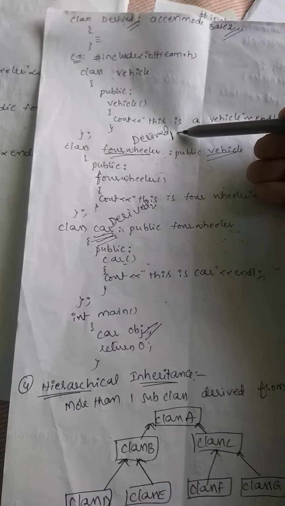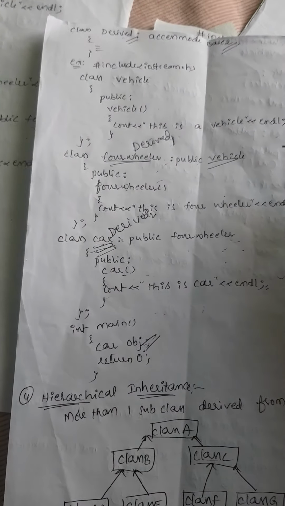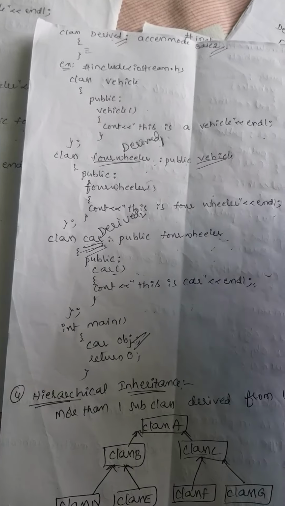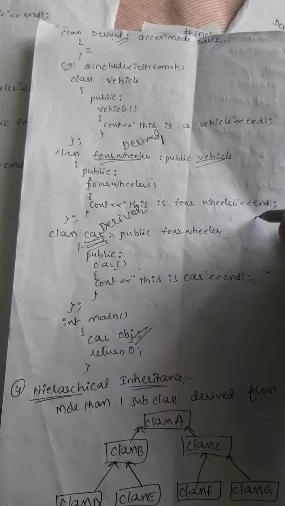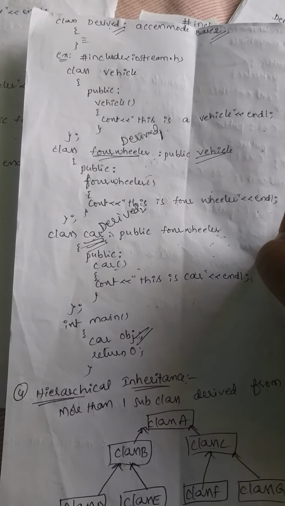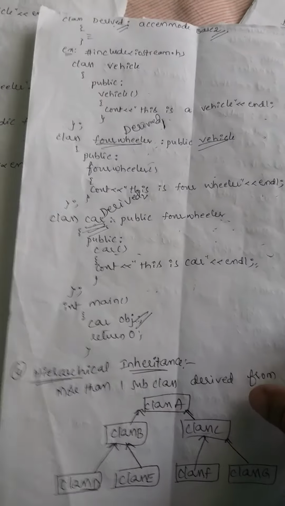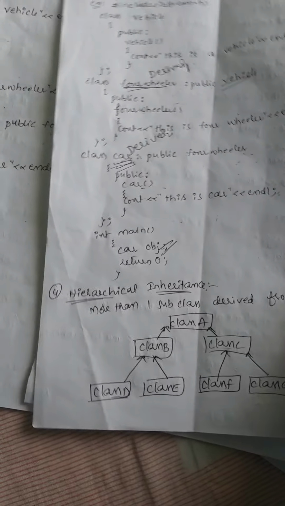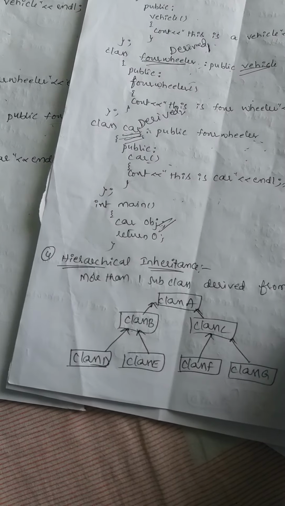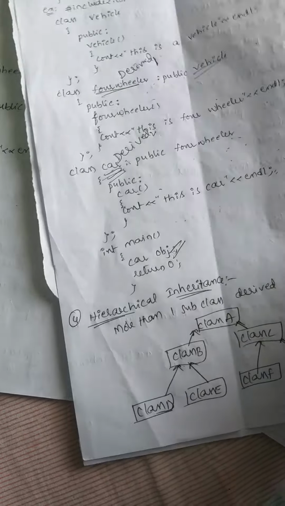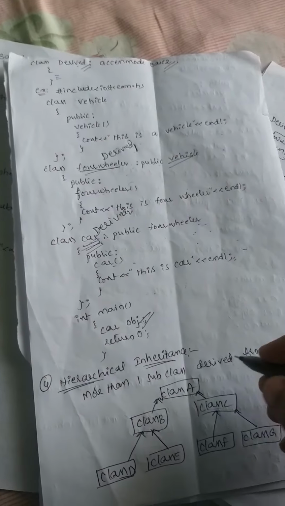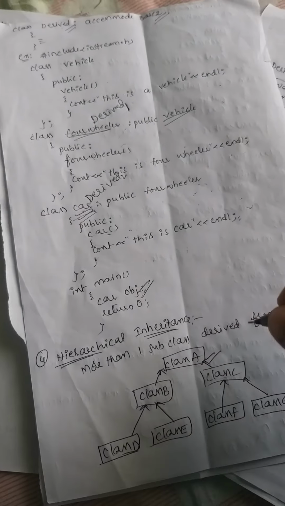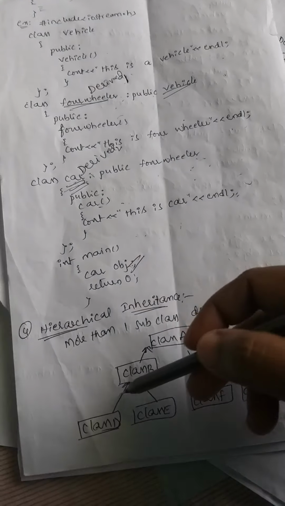In this case the output for this inheritance is: this is vehicle, this is four-wheeler, and this is car. So this is multi-level inheritance. The next concept is hierarchical inheritance. Hierarchical inheritance is where we create only one base class and have a number of derived classes.